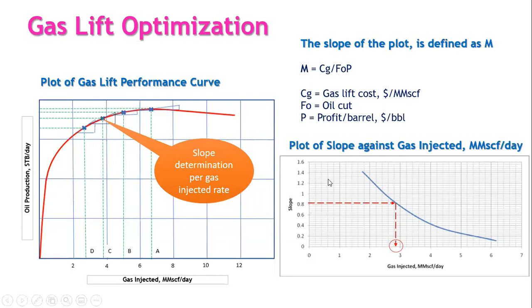So, having the optimum gas injection rate, we come here with the slope, cut the blue curve, and get the gas injection.